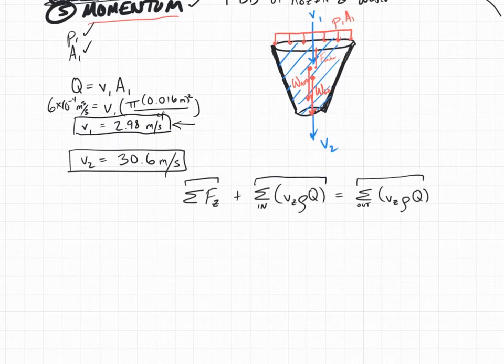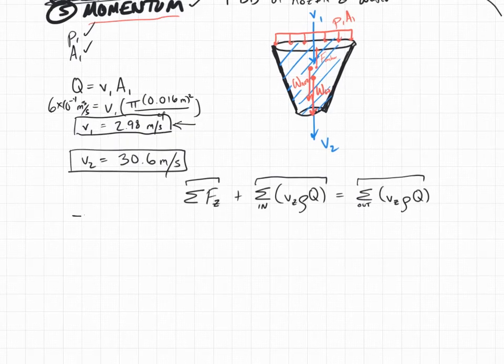Okay, so the first thing we have is negative P1A1. That's a downward force. Okay, we've got F anchor. I'm doing all the things in red right now. Minus the weight of the nozzle. Minus the weight of the water. Those are all of our forces because we got all the red things. There were 4 arrows. Now we got the ends. We need an in arrow.